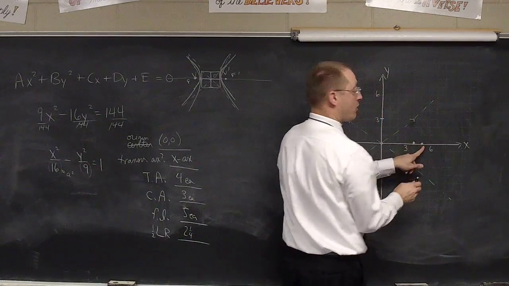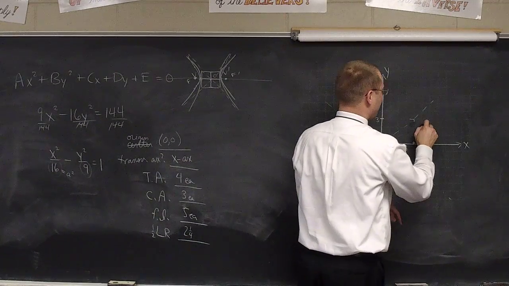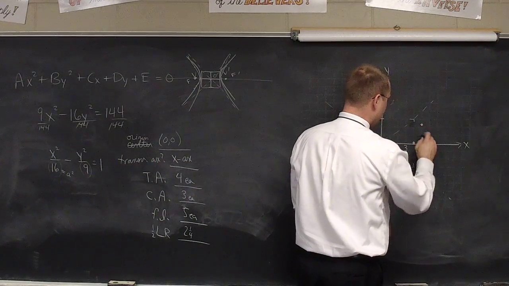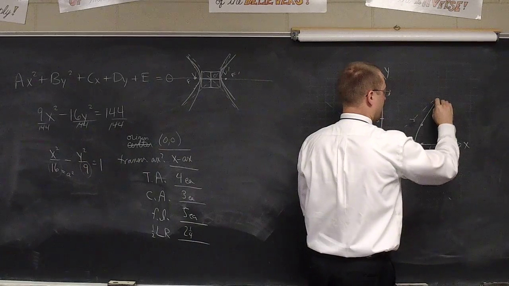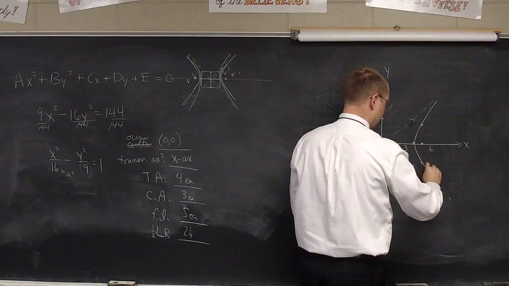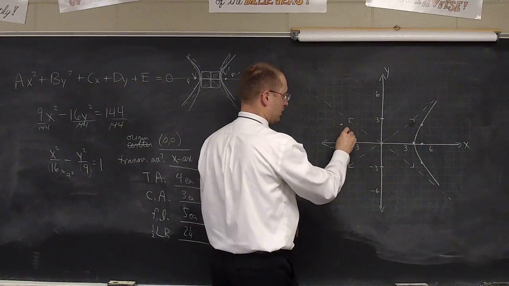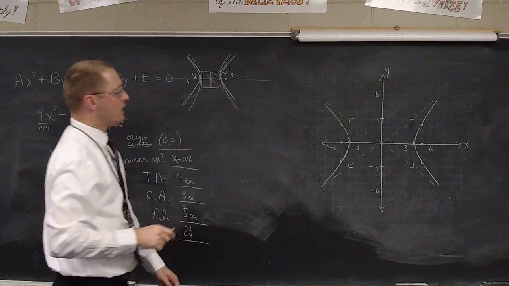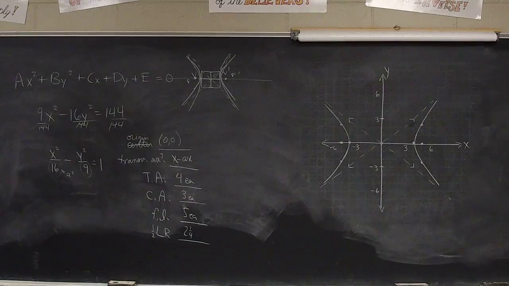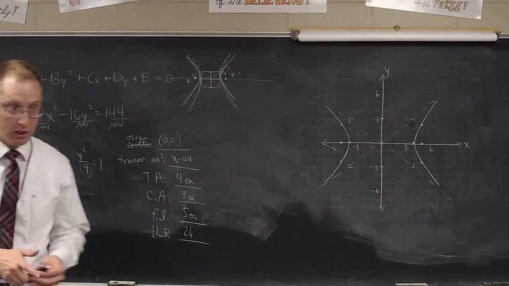Oh, from the focus, not from the vertex. From the focus up 2 1/4, down 2 1/4, and then get the curve. Like so. We have something like that for 1A from the homework.